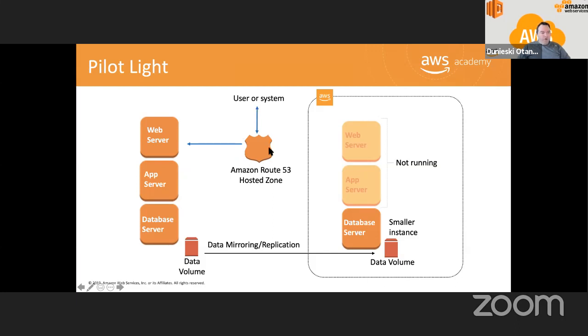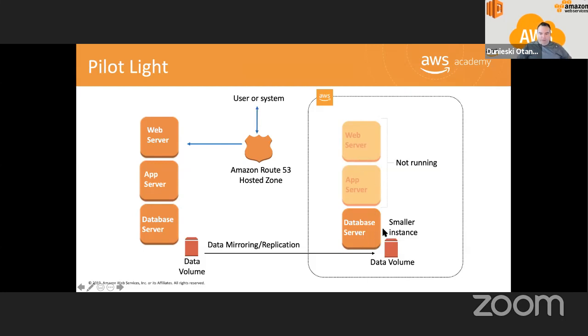Now, you have a smaller database instance in the cloud, and you mirror or replicate the data from your on-premises system to it. You have two servers that represent the web tier and your application tier, right here, but they're not on and not running.